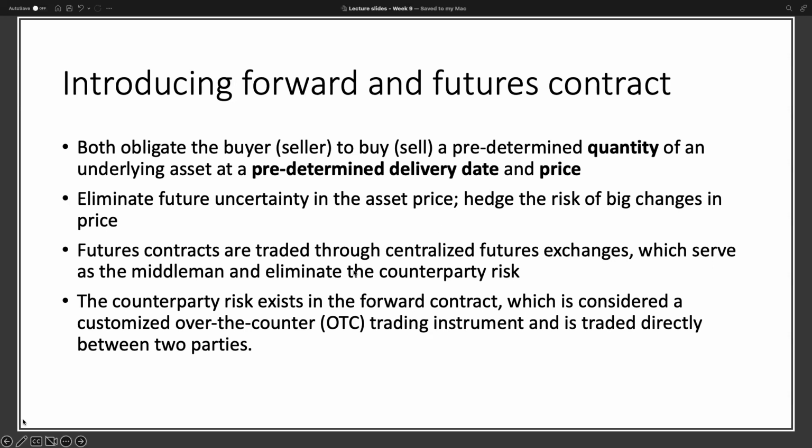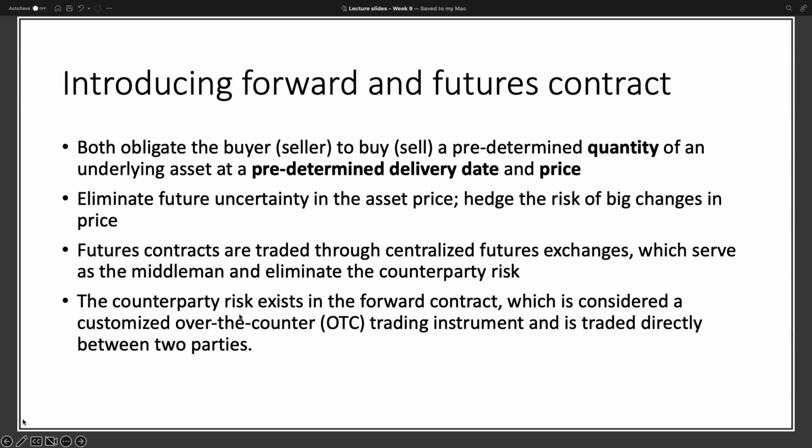Futures contracts are traded through futures exchanges, and the exchanges serve as the middlemen that interpose themselves in the middle of the transaction. The main purpose is to provide liquidity to the market, but also to eliminate the counterparty risk, which means that the opposing party of the transaction may fail to fulfill the obligation of completing the transaction.